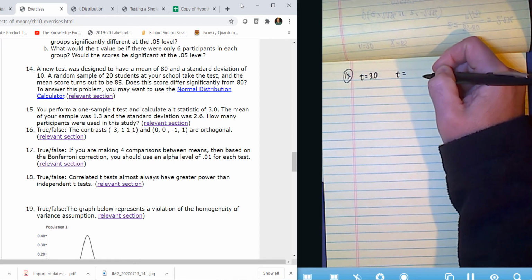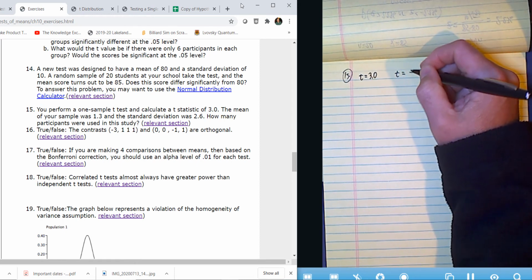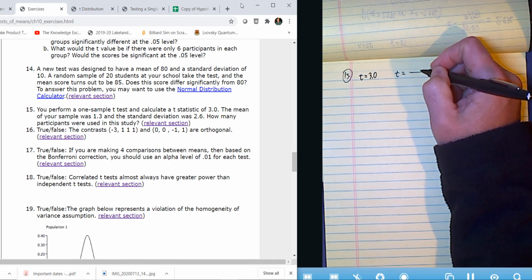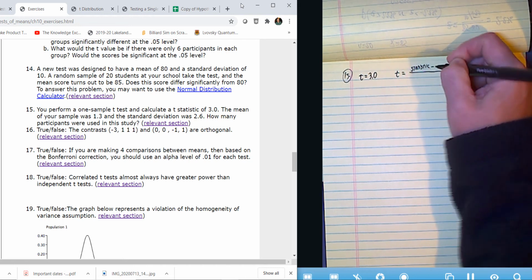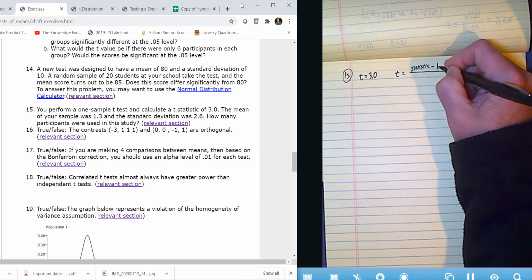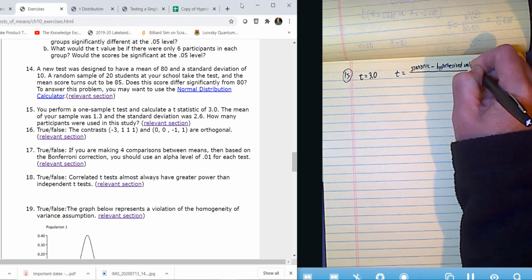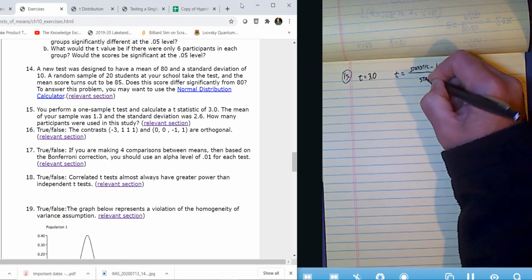And I'm going to remind you of this formula we've used again and again, that t is equal to the statistic minus the hypothesized value, so that would be the parameter, over the standard error.